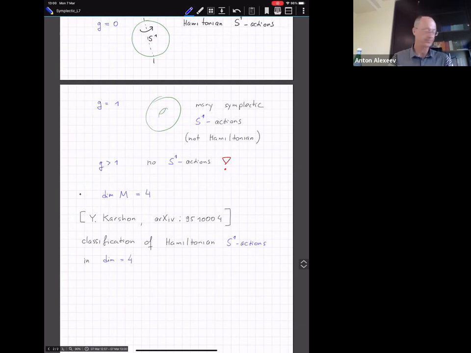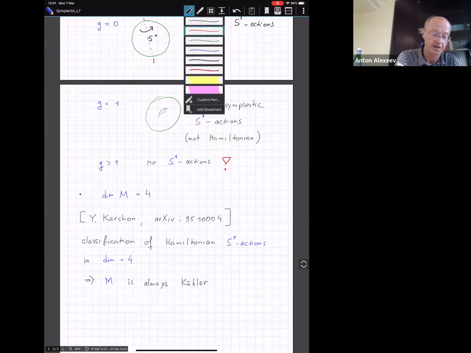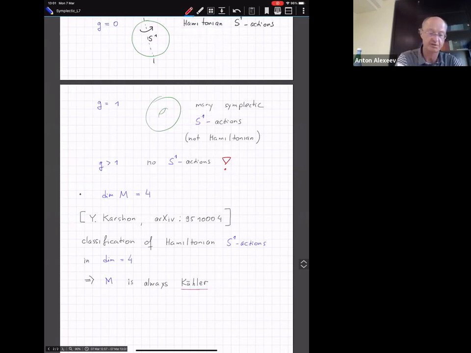And in particular, from this classification, it follows that such a manifold with an S1 action is always a Kähler manifold. So it admits a complex structure which is in some way consistent with the symplectic structure. And then there is a big business of constructing counterexamples.